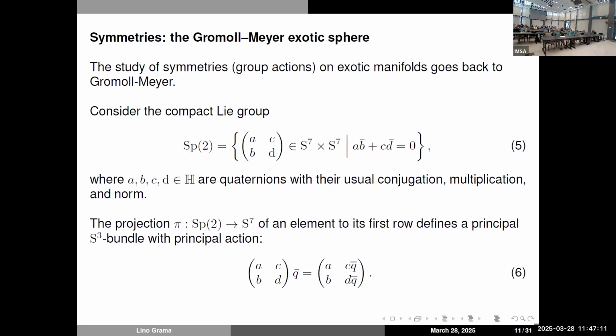We start with the projection from Sp2 to S7, just the projection on the first row, which gives rise to a principal S3 action on Sp2, and the orbits will be the usual manifold S7. Okay? This is the usual projection.